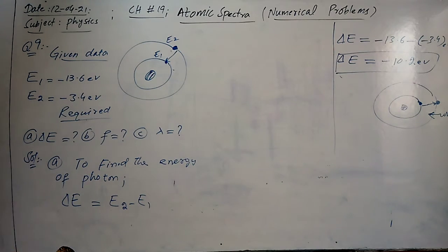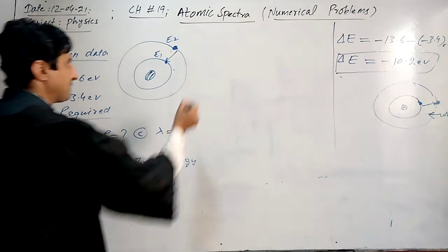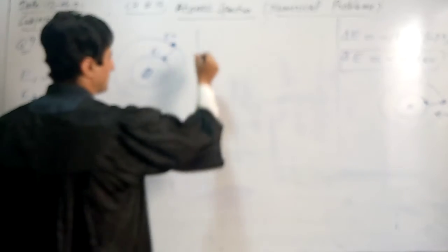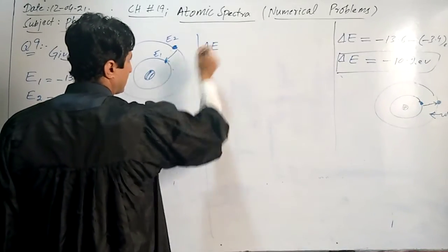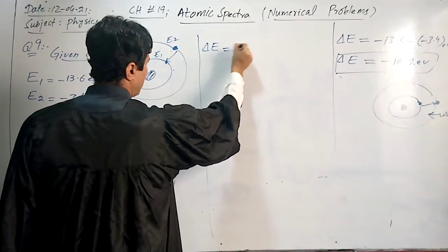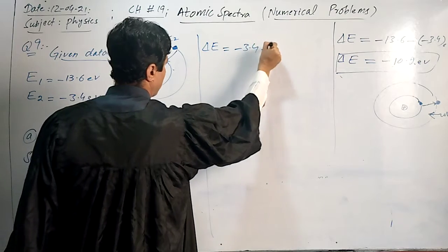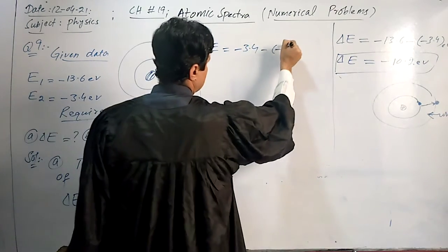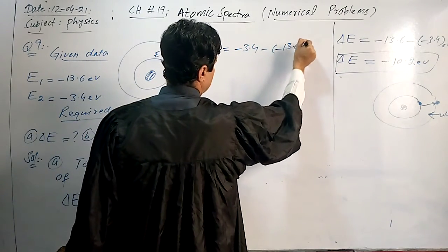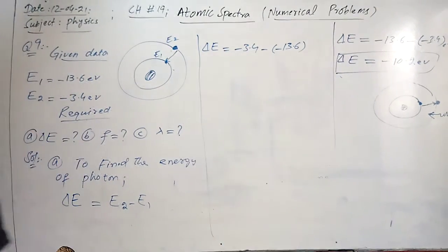Putting the values here, delta E in this case will be equal to minus 3.4 minus (minus 13.6) in electron volt.